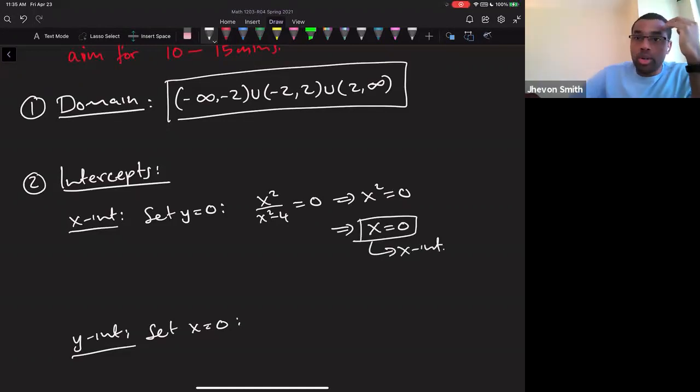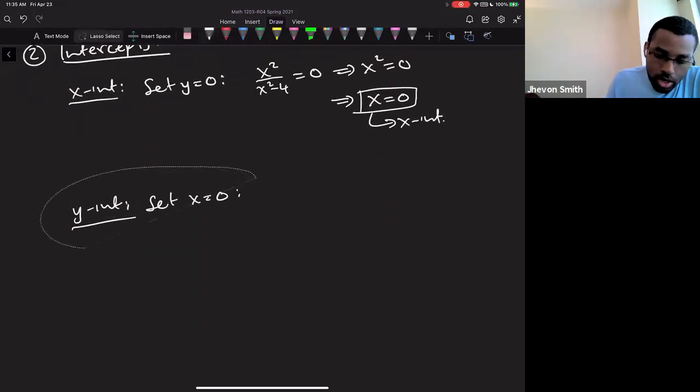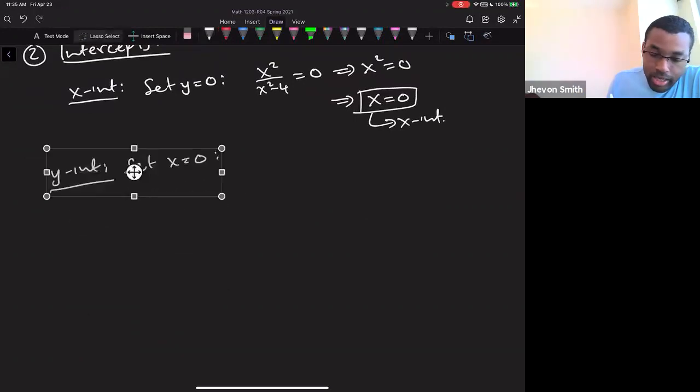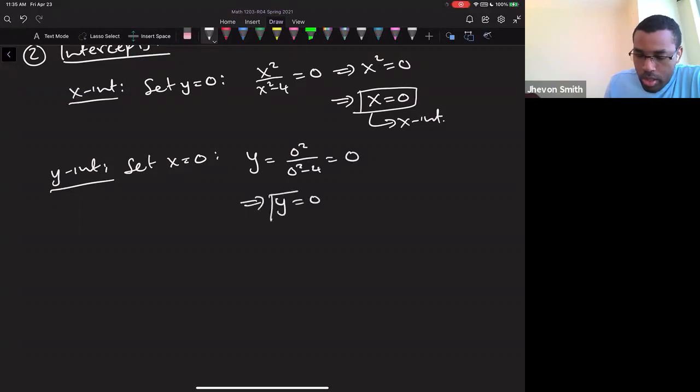And you just need to make sure that whatever makes the numerator 0 does not make the denominator 0 at the same time. And yeah, that x equals 0 does the job. So that's the x-intercept. Of course, now we look at the y-intercept where we set x equals 0. So this means your y would be 0 squared over 0 squared minus 4, which is, of course, 0. So y equals 0 is your y-intercept.